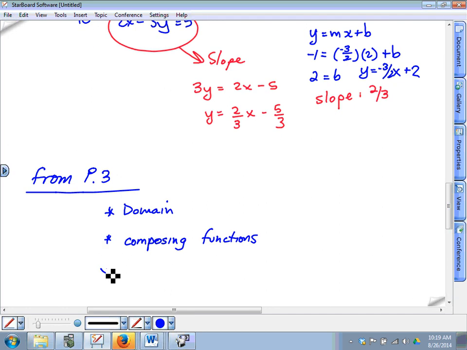And the third thing is even or odd. Does that sound familiar? Even or odd functions, that's a pre-calc topic. Okay. And all of this should be reviewed, but I just want to make sure that we can do this here. So let's start with domain.